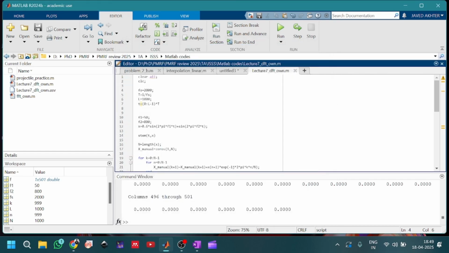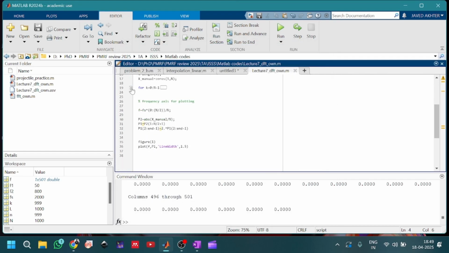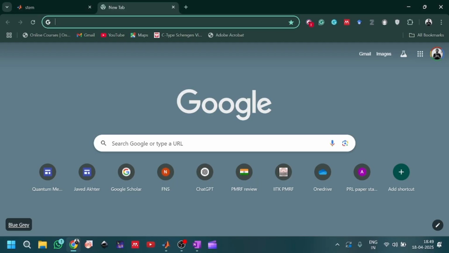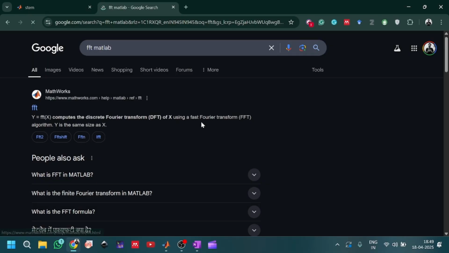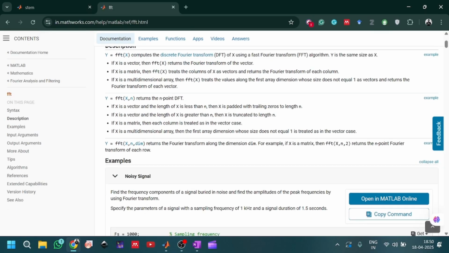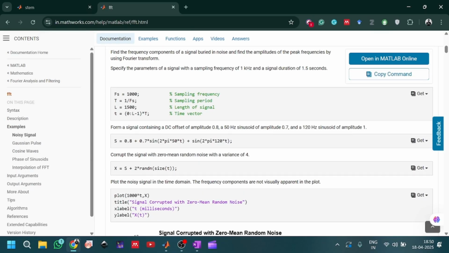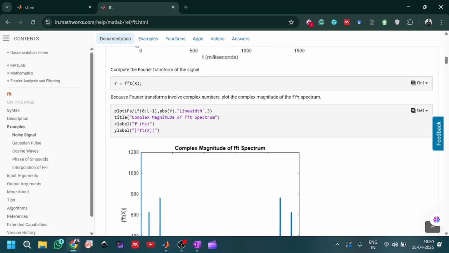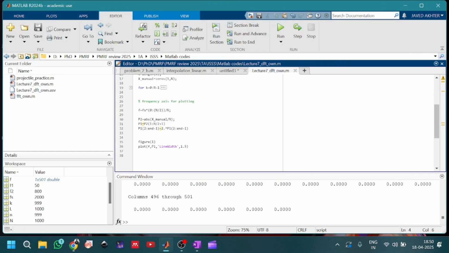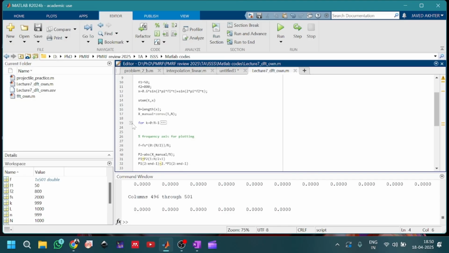This is how the DFT, or the discrete Fourier transform, is being performed. For the fast Fourier transform, there is a command in MATLAB. So let me show you FFT. Here we are writing this code to calculate the Fourier transform, but we can just do it with the FFT command.